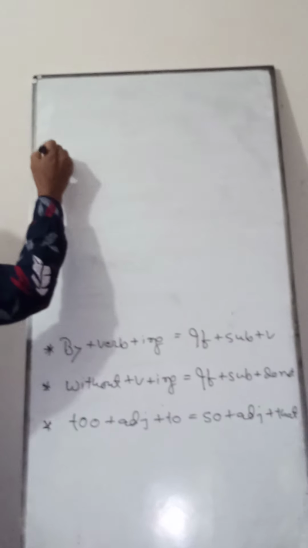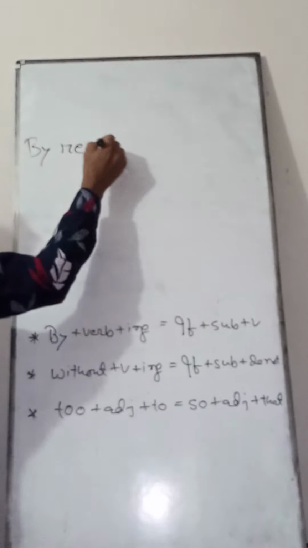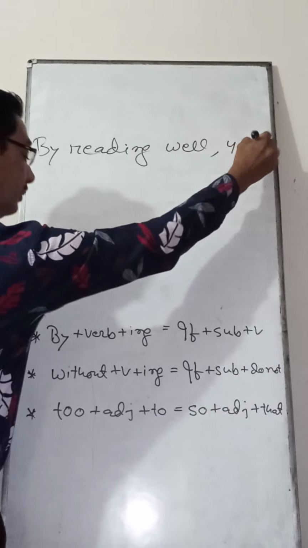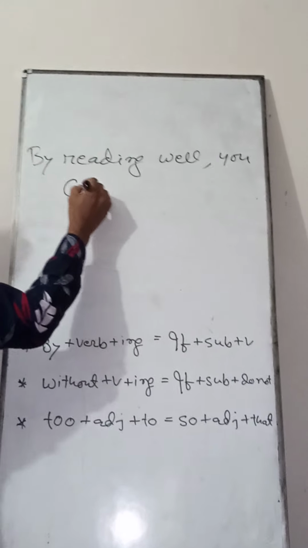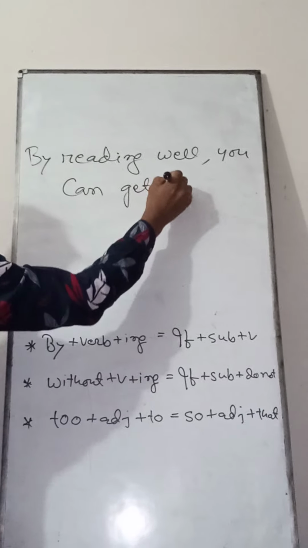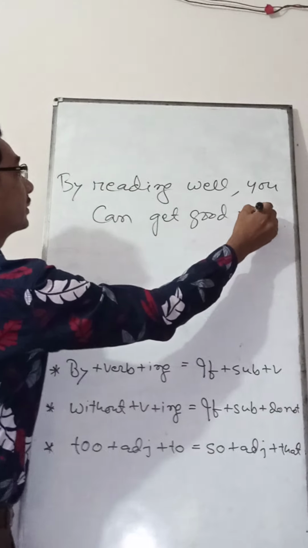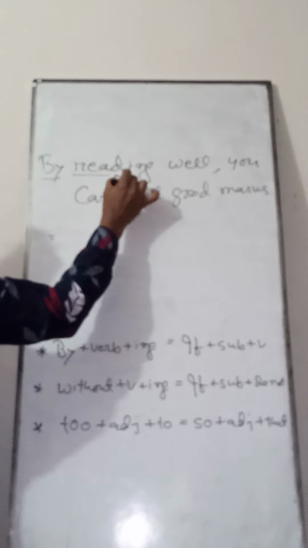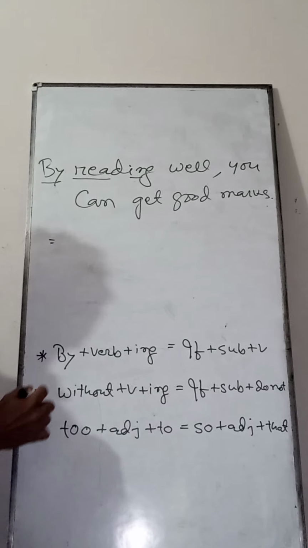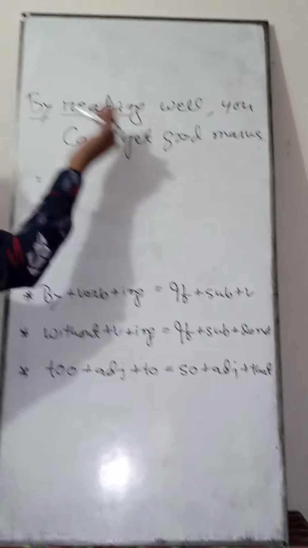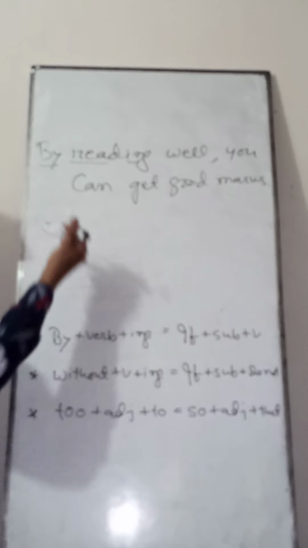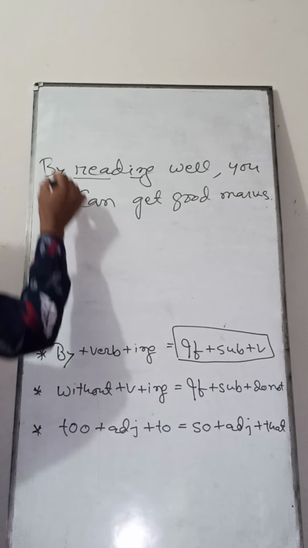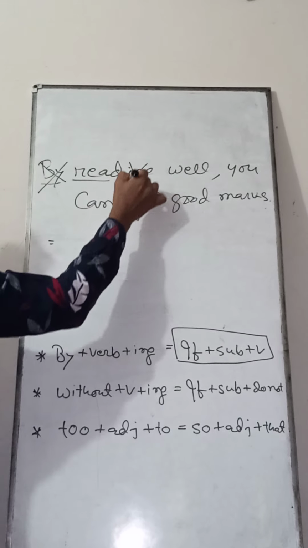You see, by reading well, you can get good marks. Okay, you see, by plus verb plus ing. This is a simple sentence, but if you want to transform this sentence from simple to complex, you have to go through these rules. If plus subject plus verb, and you have to withdraw by and the ing.